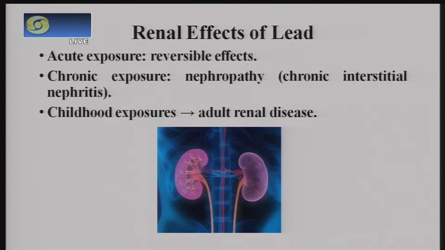It causes something called Fanconi syndrome, in which phosphates are excreted in the urine, amino acids are excreted in the urine (aminoaciduria), and glucose is also excreted in the urine (glycosuria). Childhood exposure can lead to chronic nephritis at a later stage in life, because lead gets accumulated in the renal tissue.